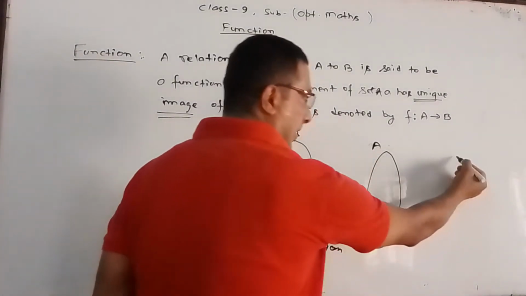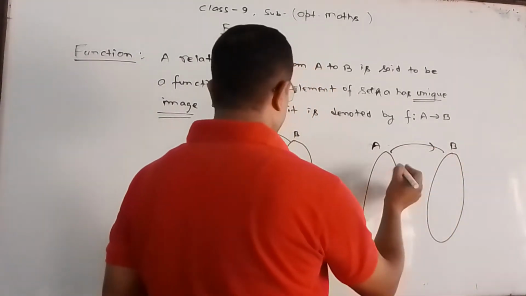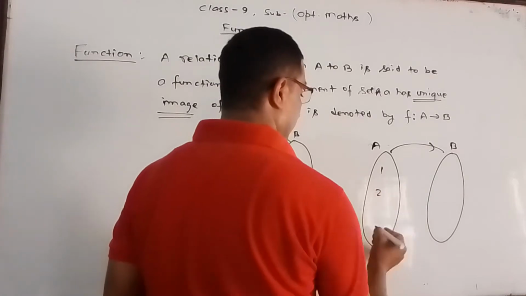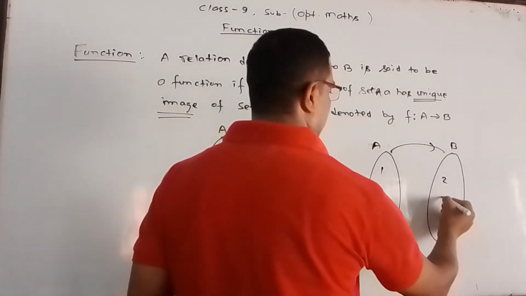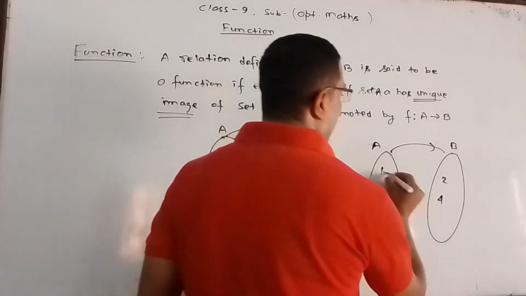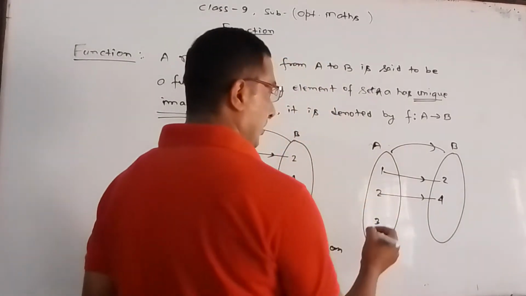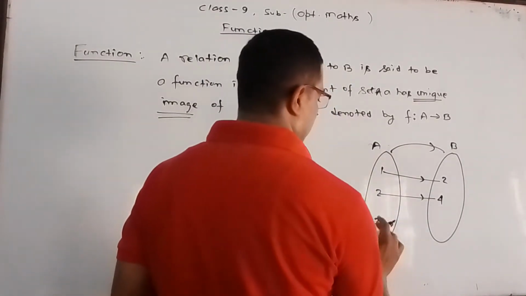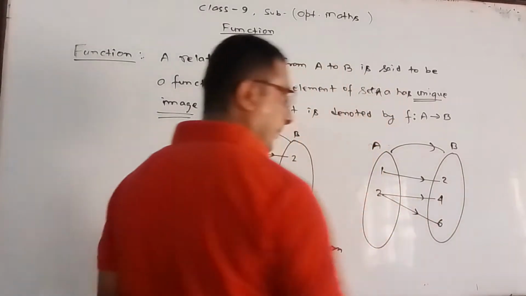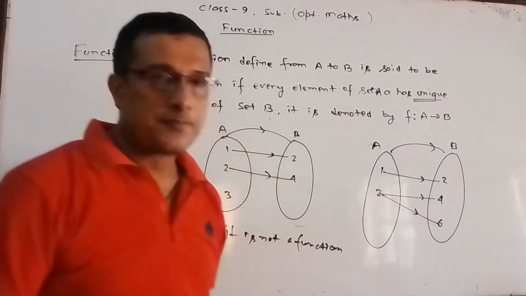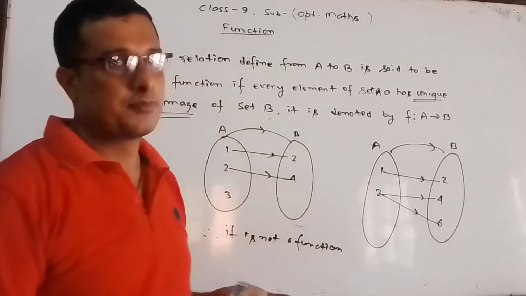There is the set A, there is the set B. 1 maps to 2, 2 maps to 4, and 6. Okay, this is a relation. Is it a function or not? I am going to explain again.